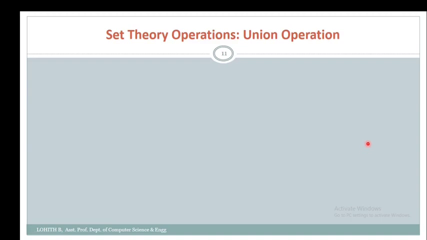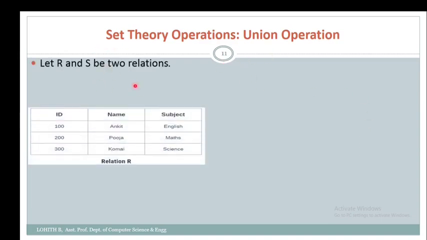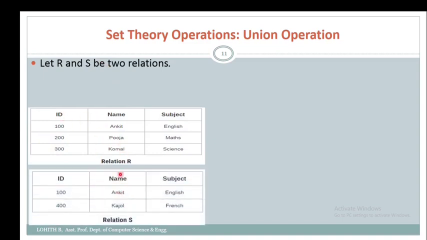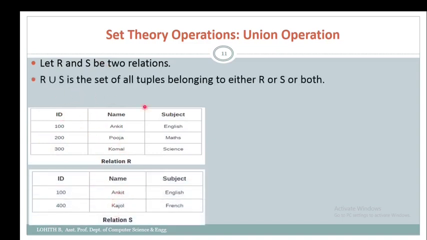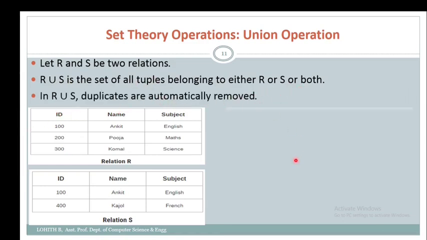Yes. Let us understand about the set operations. First is union operation. Let R and S be two relations. Here we have two examples of R and S. So let's see what union operation does. R union S is a set of all tuples belonging to either R or S or both. So in R union S, duplicates are automatically removed.